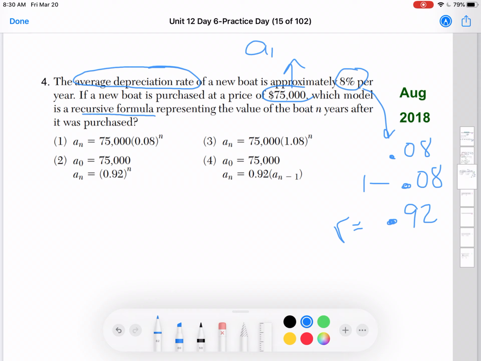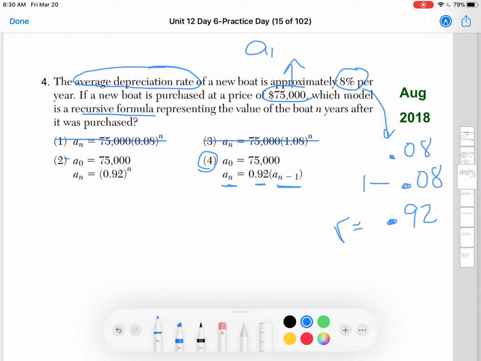Okay, so this is great because we can automatically get rid of some choices. And there's actually only one there that's in a recursive format. This guy right here, this is it. Look, the next term is the one before it times 0.92. Recursive always has the n minus 1. Look, these are all exponents.